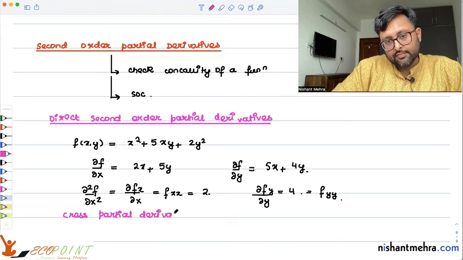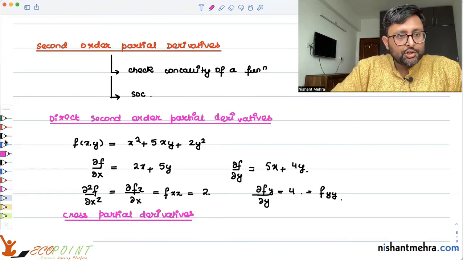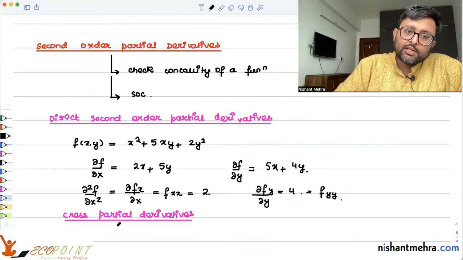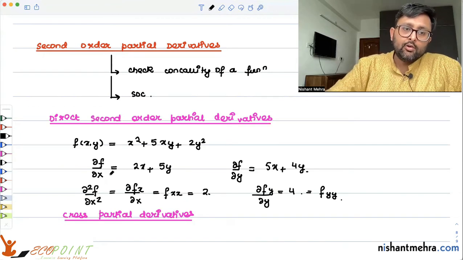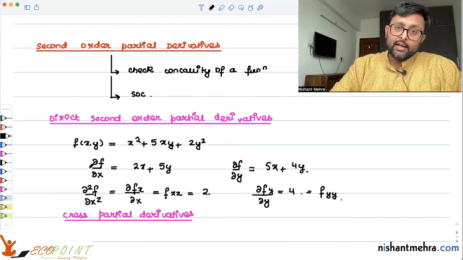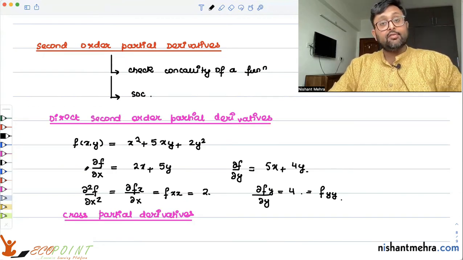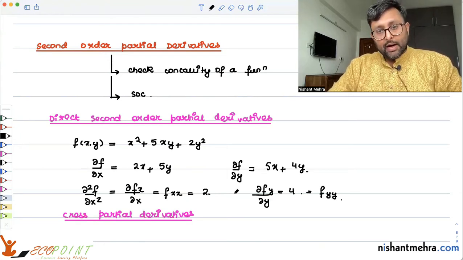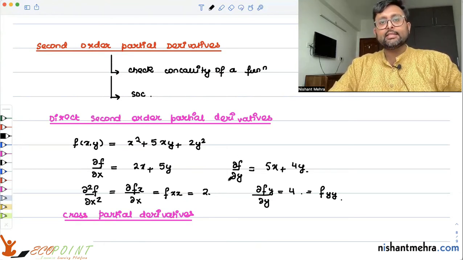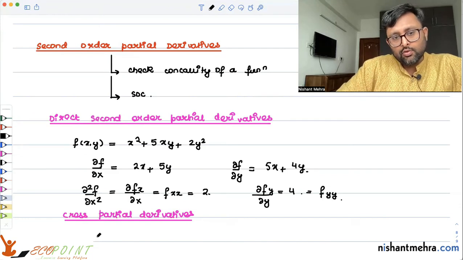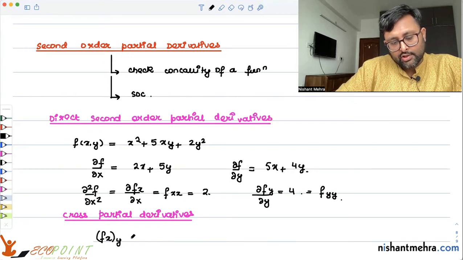And then you have cross partial derivatives. So cross partial derivatives are what? You are finding out how the partial derivative of x is changing as y is changing, or how the partial derivative of y is changing as x is changing. So how the partial derivative of x is changing as y is changing, fxy.